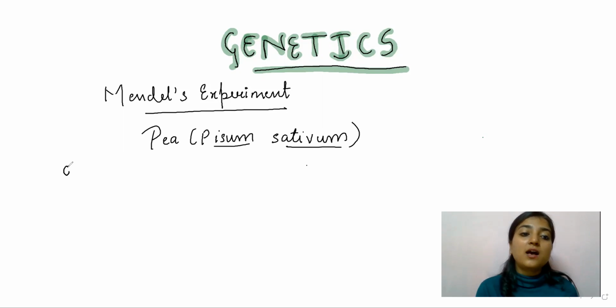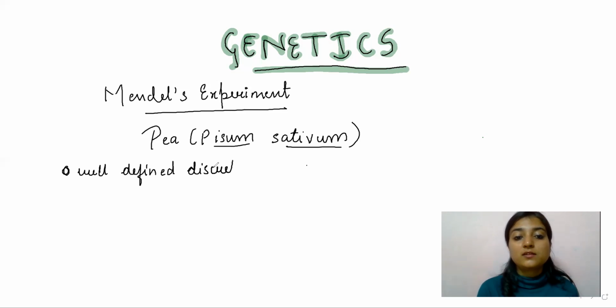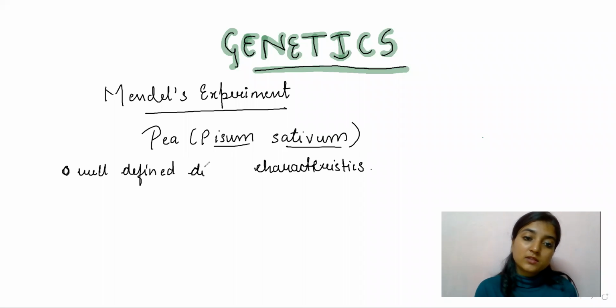Those advantages are, first, the pea plant has well-defined, discrete, distinct characteristics.